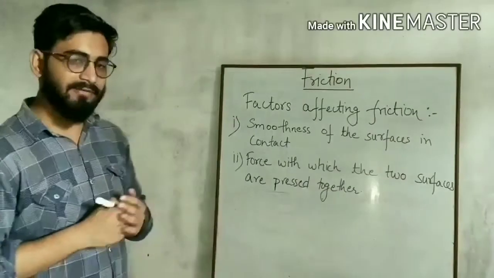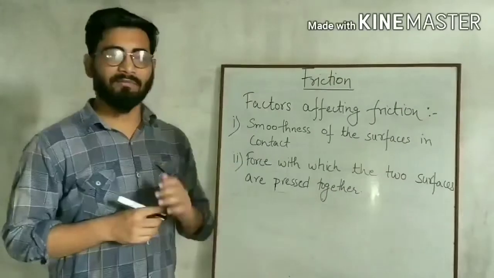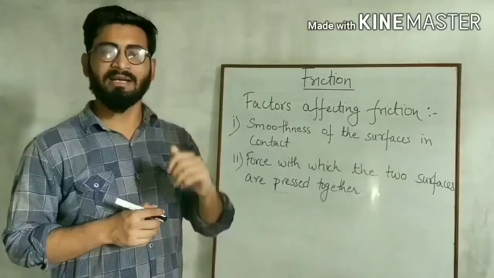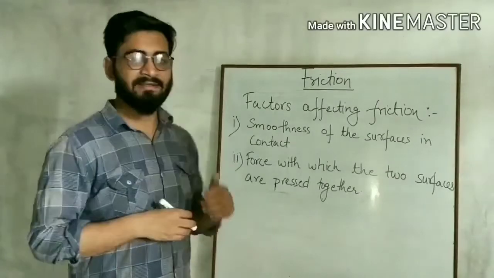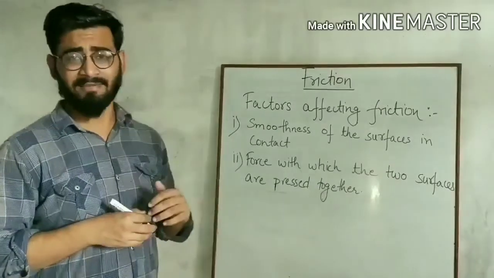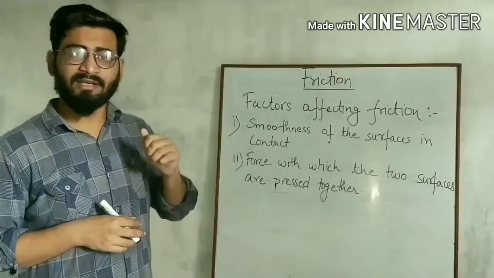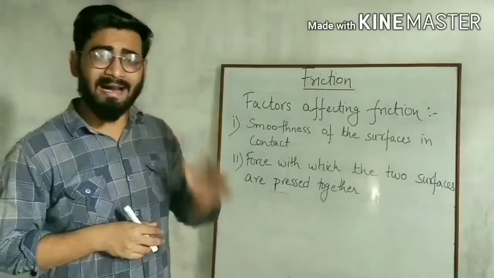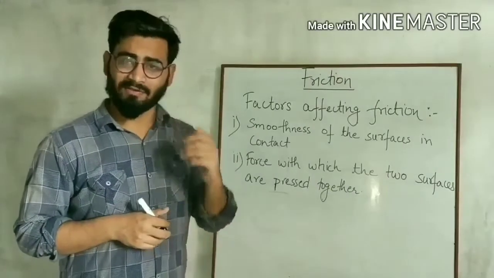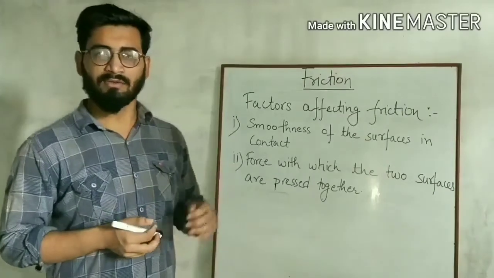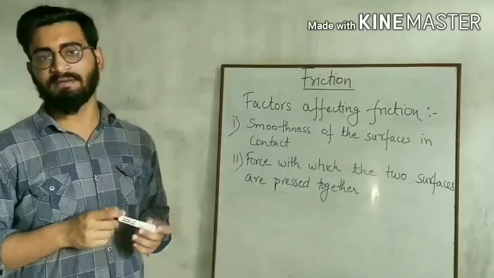And the second factor is force with which the two surfaces are pressed together. That means if the force is harder, the friction will also be more. So these are the two factors which affect friction.